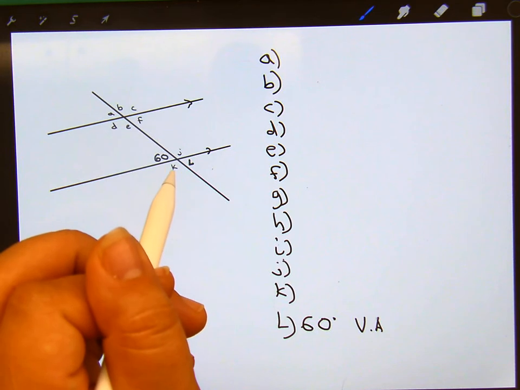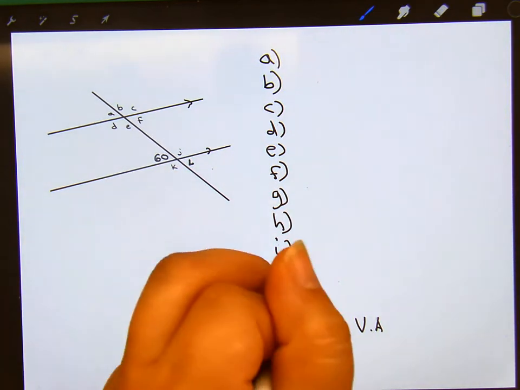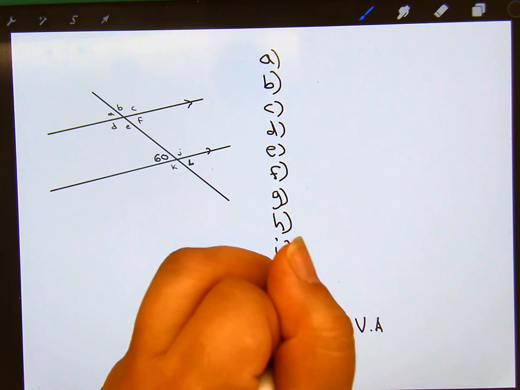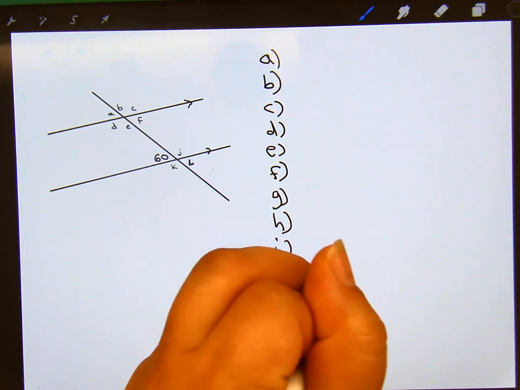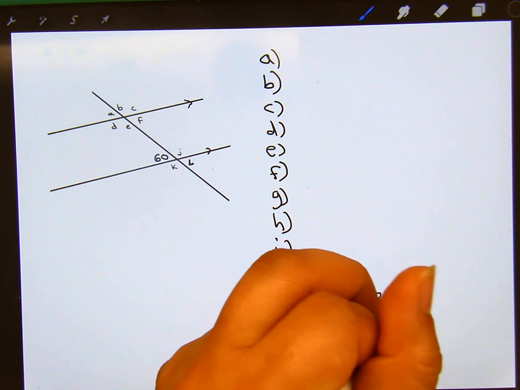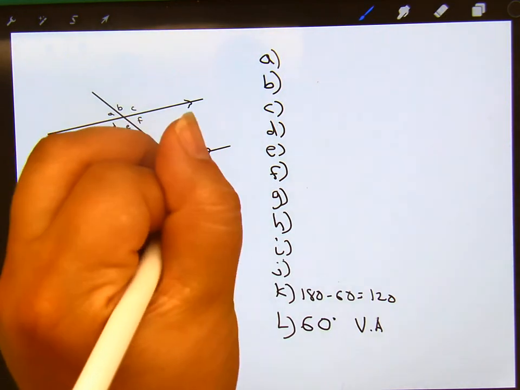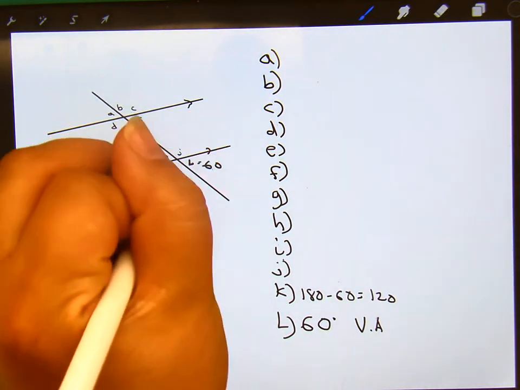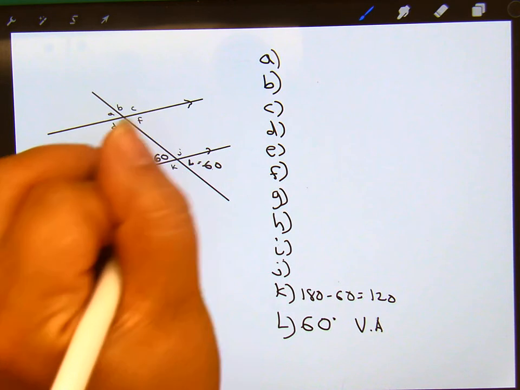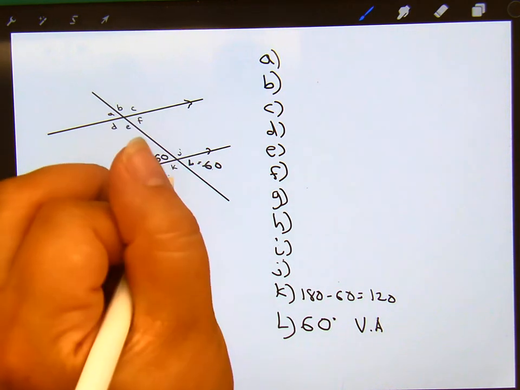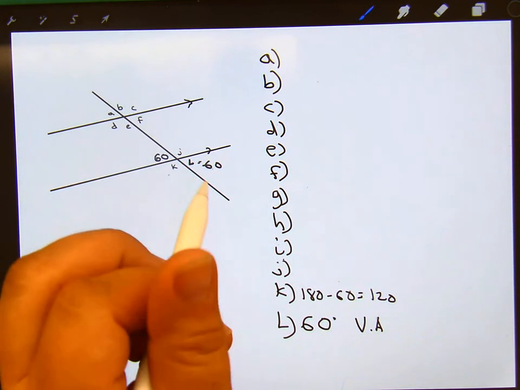So K is going to equal 180 minus 60, which equals 120. And sometimes I like to write them up over here because that helps.